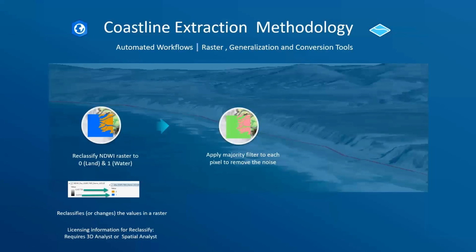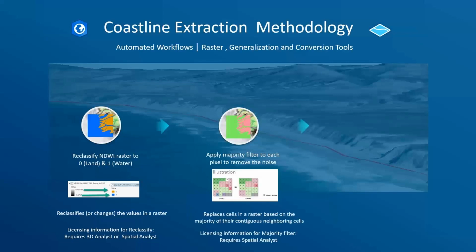So basically, before applying that, we need to manually verify whether this is really noise or it's required data to keep for further extraction of the coastline. As illustrated here, this process will replace cells in a raster based on the majority of their contiguous neighboring cells.